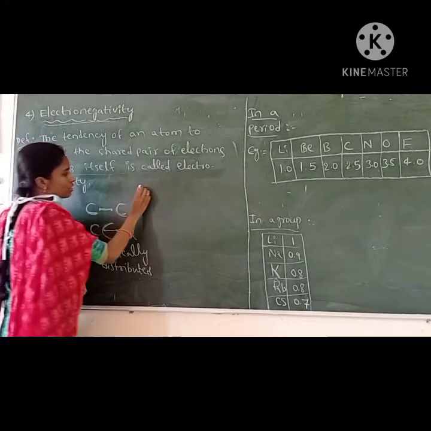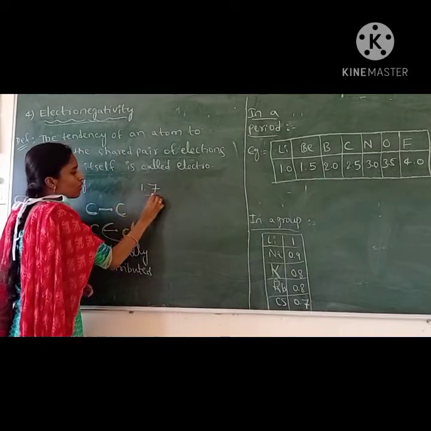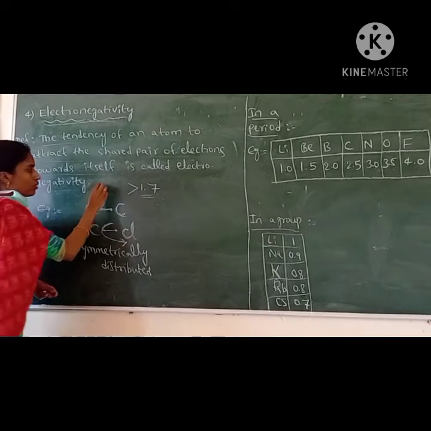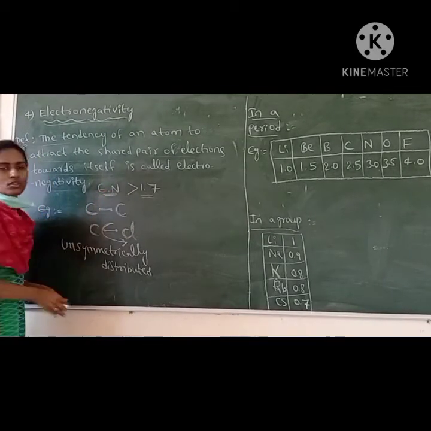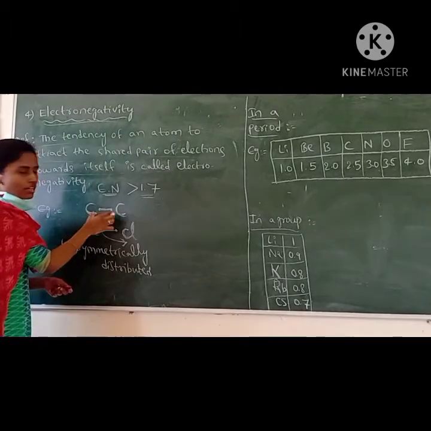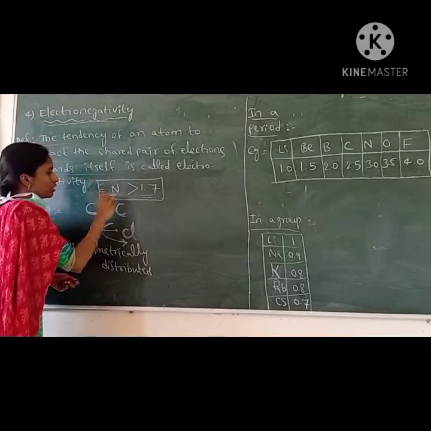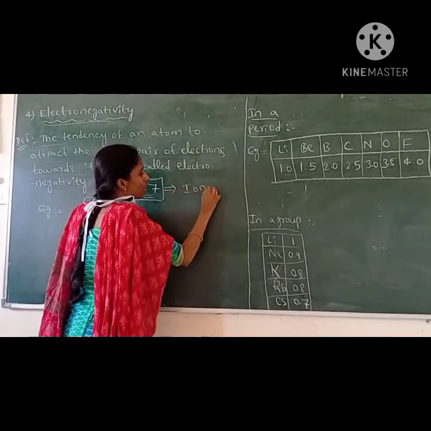So here, if the electronegativity difference, I am writing just EN, the electronegativity difference between these two atoms, suppose it is greater than 1.7, it is predicted as an ionic bond.